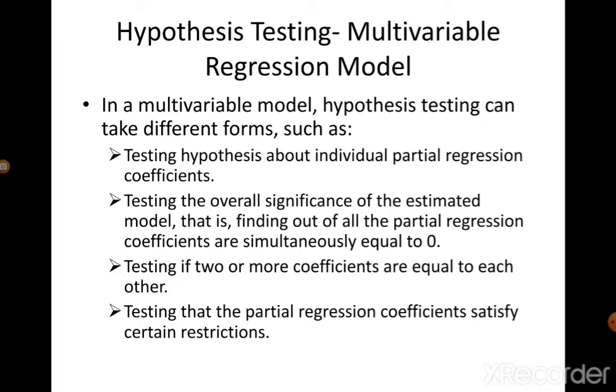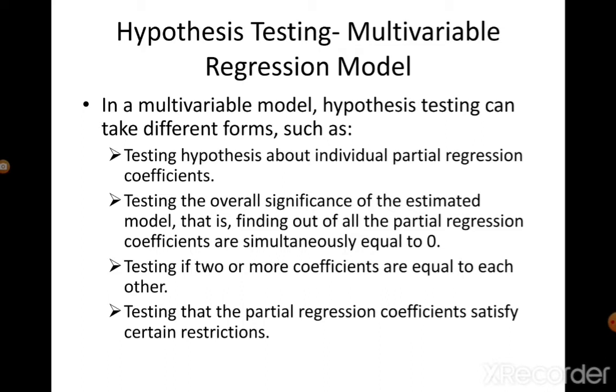What we have shown below are the different forms that hypothesis testing can take. I'm reading it in order. One type of hypothesis testing is to test hypotheses about individual partial regression coefficients. That is, if you want to test a hypothesis whether the true population beta 2 is equal to a certain value, you can use this regression model's values and test hypotheses regarding that.